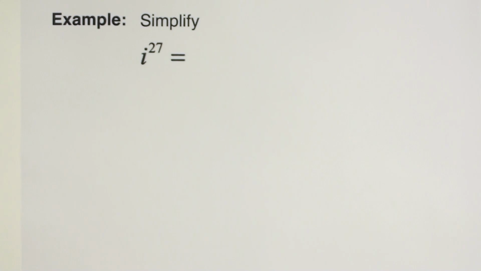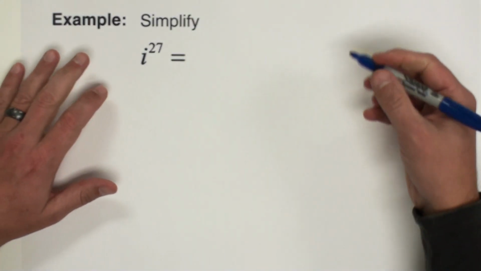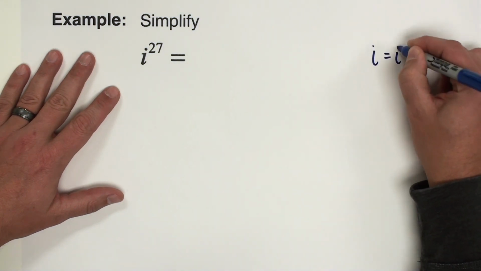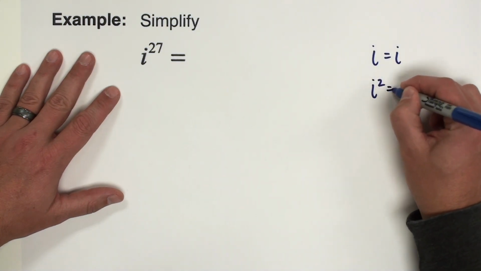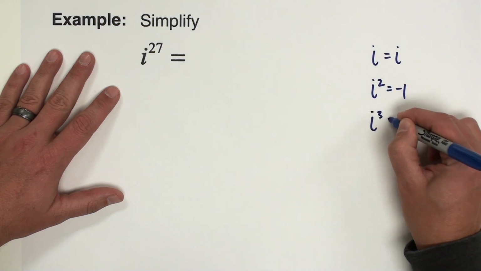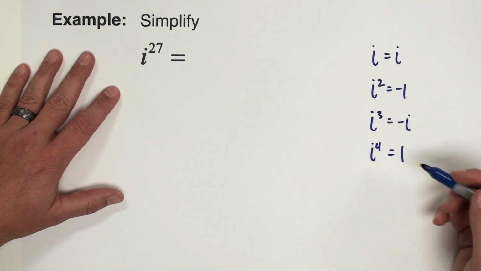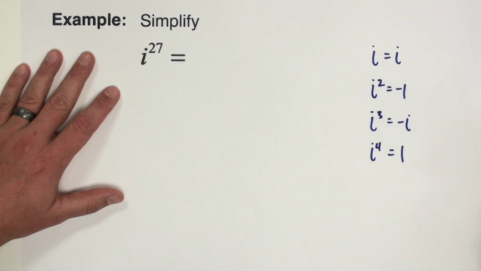For example, if I wanted i to the 27th power, I certainly could count.